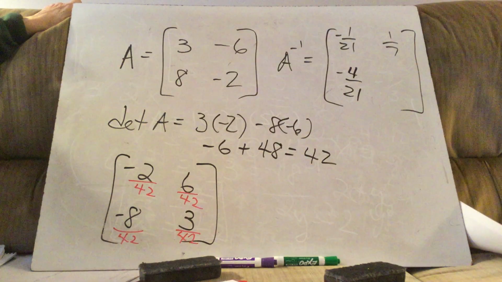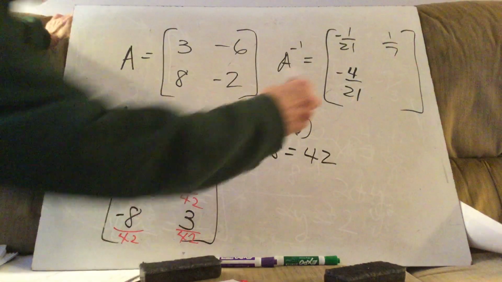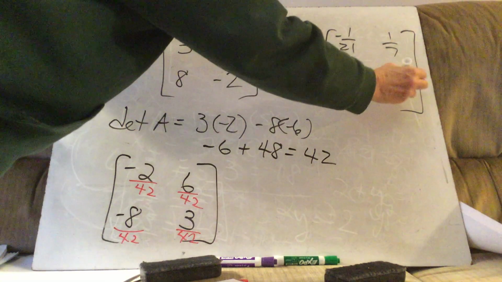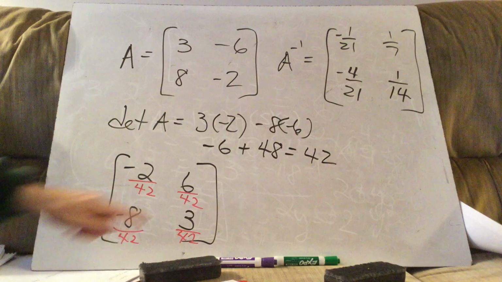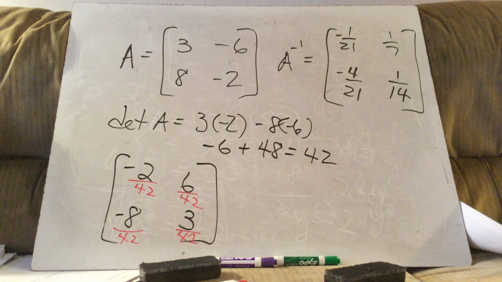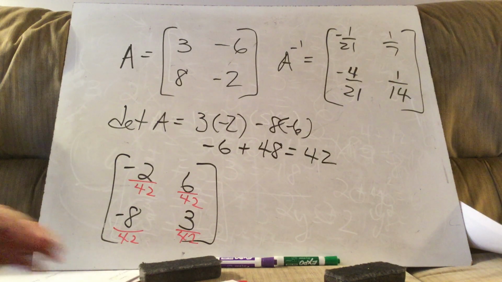And 3 over 42 is 1 over 14, because 3 goes into 42 14 times. And there is the answer to the question. The process is very, very easy. You do have to be careful with your arithmetic. And that's that.